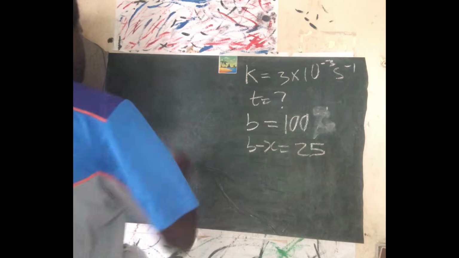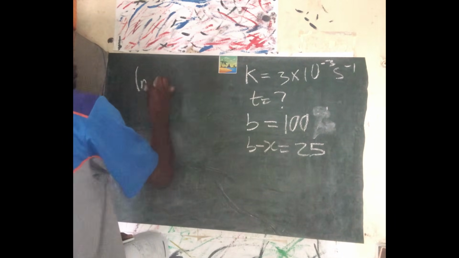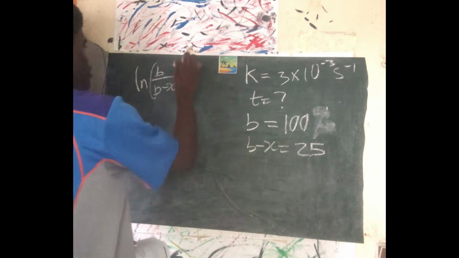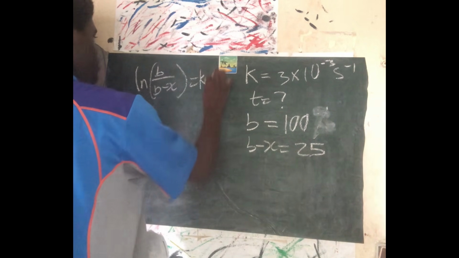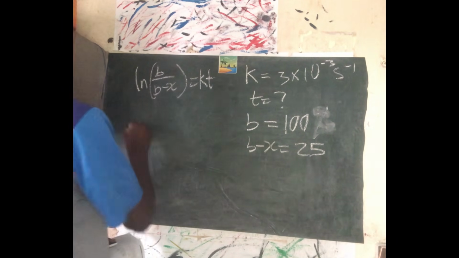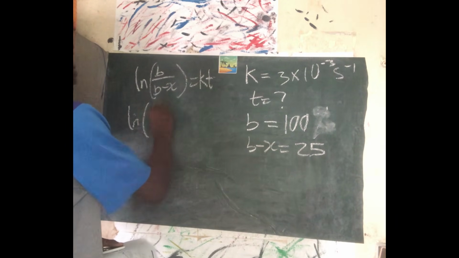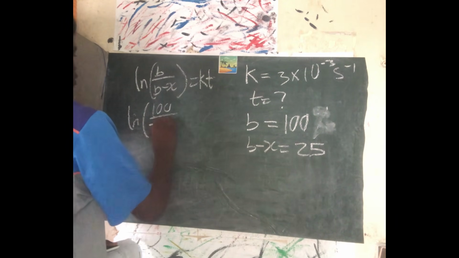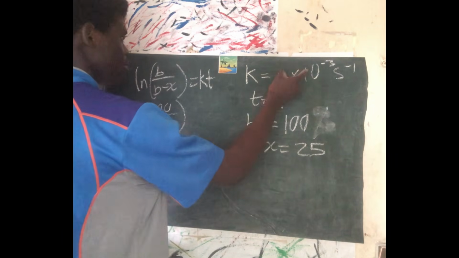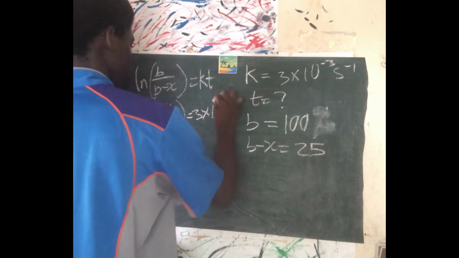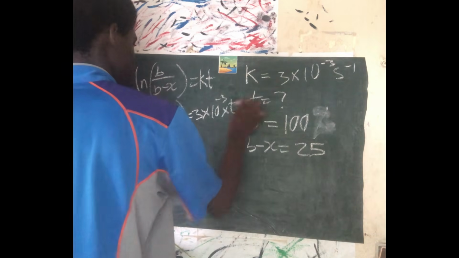From our integrated rate law of first order, ln b over b minus x is equal to kt. That's ln of 100 over 25, equal to k, which is 3 times 10 raised to power minus 3, times t.